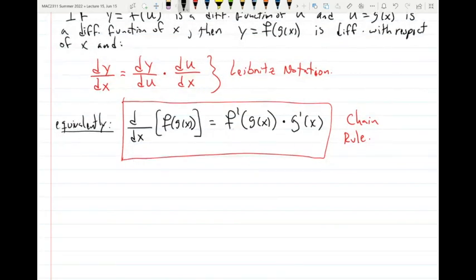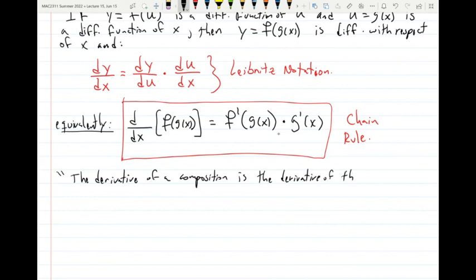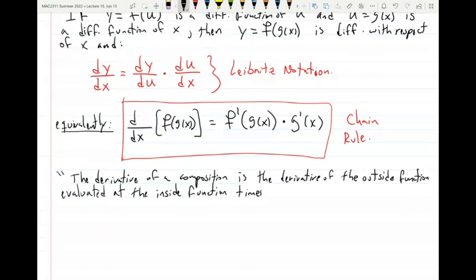So the derivative of a composition is the derivative of the outside function evaluated at the inside function, times the derivative of the inside function.